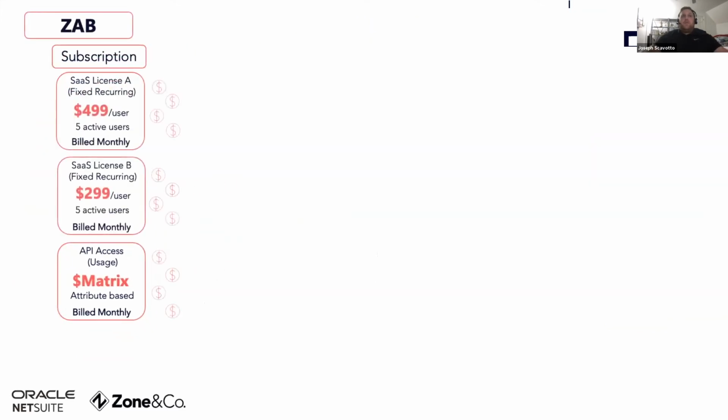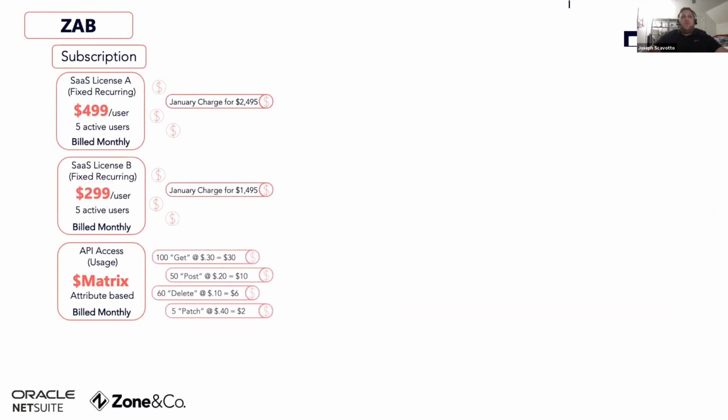Again, to talk a little bit more about presentation of this information, you see our individual subscription with multiple different charges. We have a subscription with fixed recurring line items. Maybe you're tracking users in this case, but we also have some sort of API matrix, where we have different activities such as get or post or delete, different types of API calls that we have different rates for.